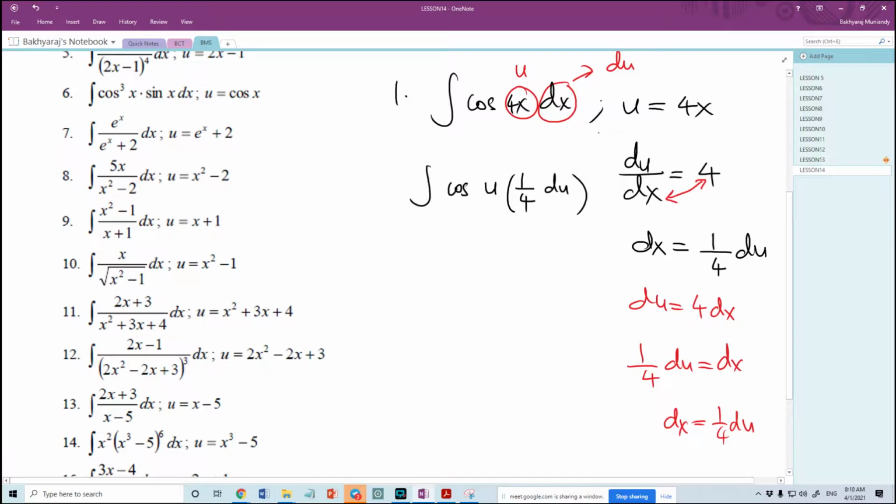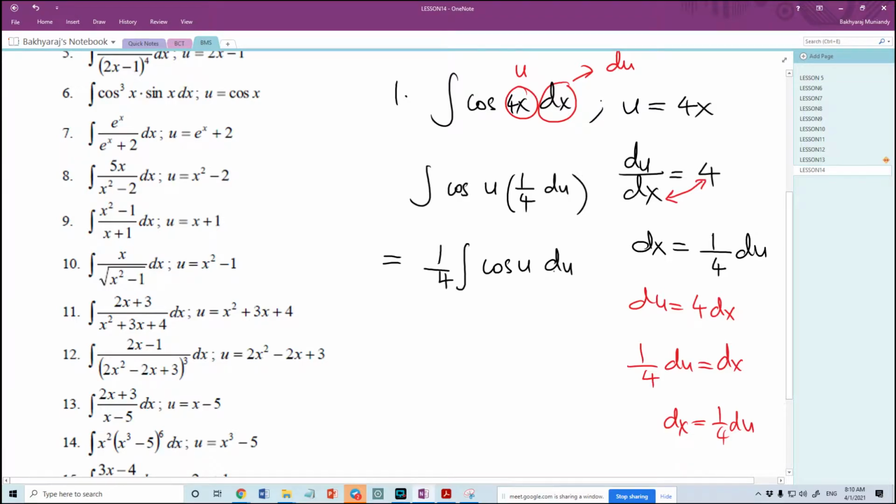What is my next answer? 1 over 4 is a constant. A constant we can bring to the front. I think we have seen this in the previous class. So 1 over 4, integrate cos u du. I have brought it to the front.